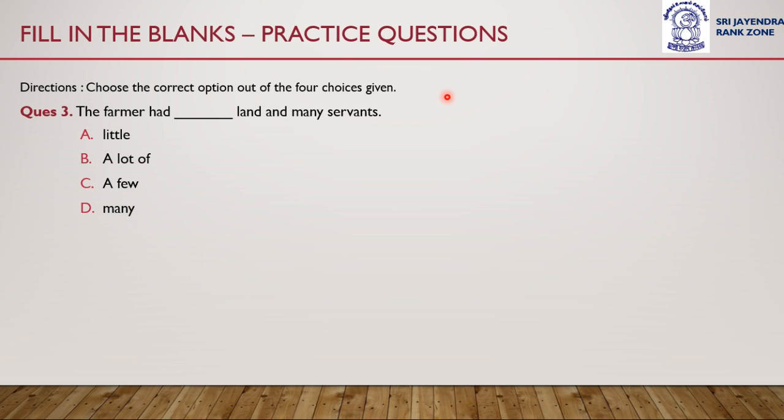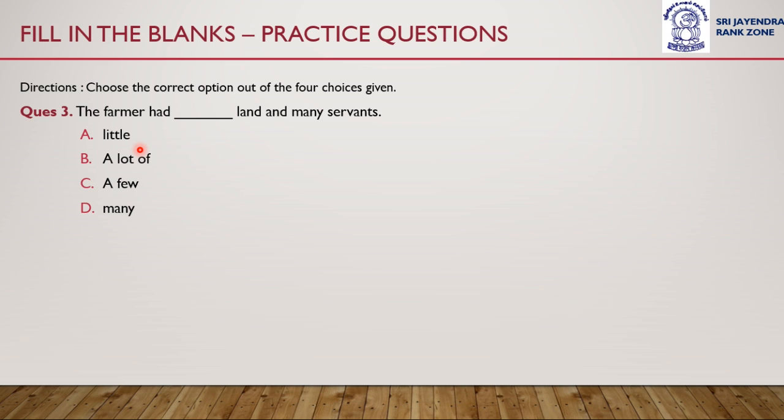Let's move on to question number 3. Question number 3 is, the farmer had dash land and many servants. Which of the options do you think is correct? The farmer had dash land and many servants.